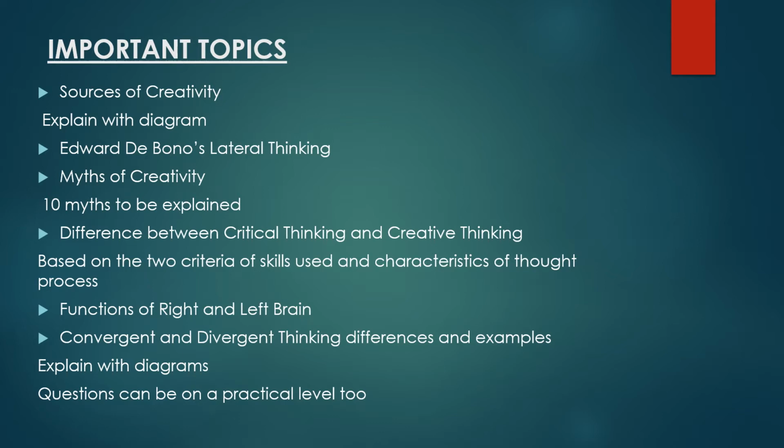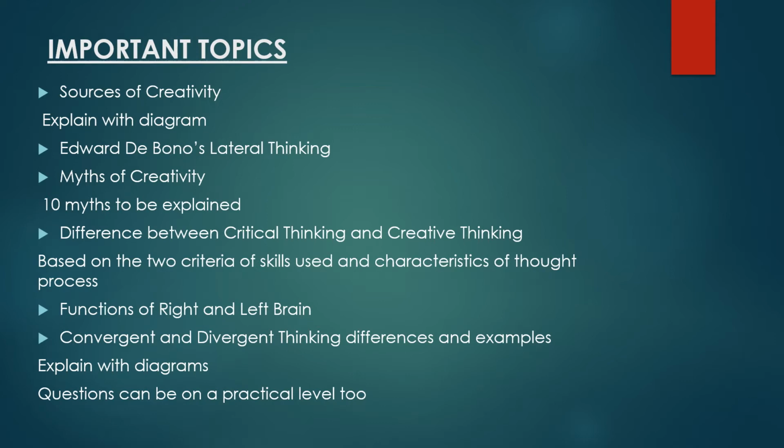Next one is the difference between critical thinking and creative thinking. When you have that kind of question, it's very direct. In that case, you just draw a table with 2 columns and write the differences. Again, answer according to the marks given to the question: for 4 marks or 6 marks, write elaborately or more descriptively.